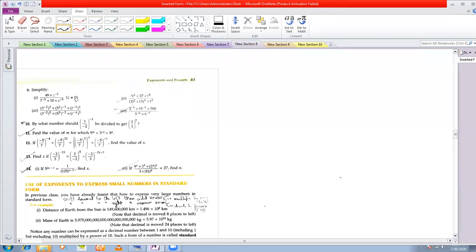Let us do the next one. I think I've solved this in the lesson, but still I'll just explain this. 2 to the power of -5 into 15 to the power of -5 into 500, divided by 5 to the power of -6 into 6 to the power of -5. Okay, now see, 2 to the power of -5 written as it is. 15 can be prime factorized to 5 into 3, to the power of -5.